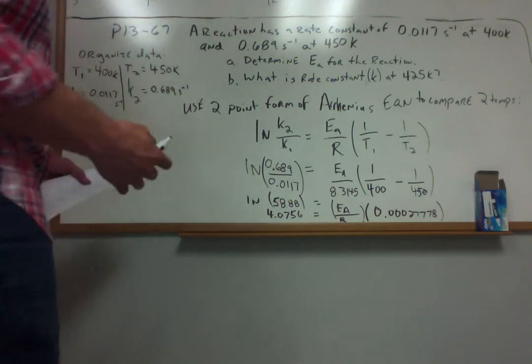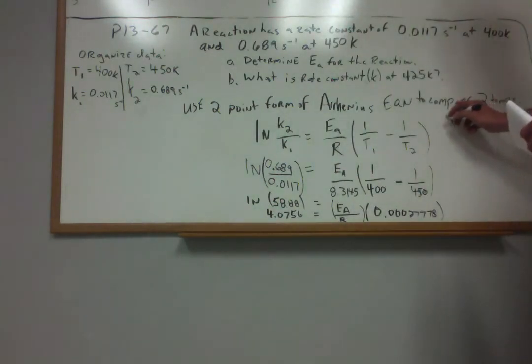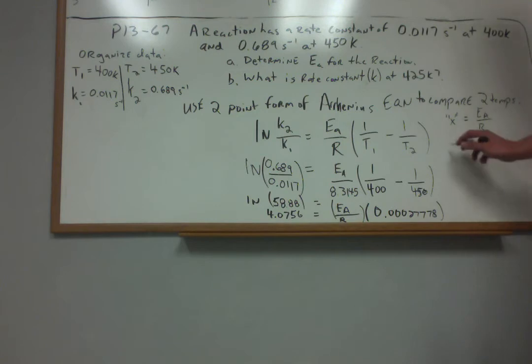So I suppose if I wanted to, I could say x, a variable called x, is equal to EA over R. And then I could certainly rewrite this as 4.0756 is equal to 0.002778x, right? Because I defined x as being equal to this ratio. And then I can just solve for x basically by division. So it would be this divided by that.